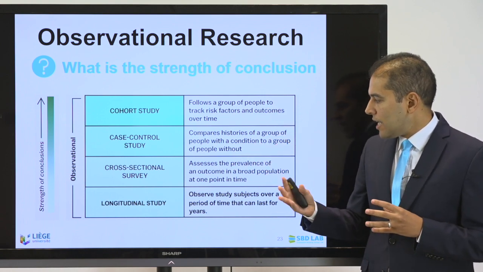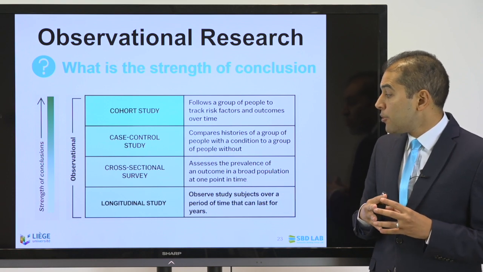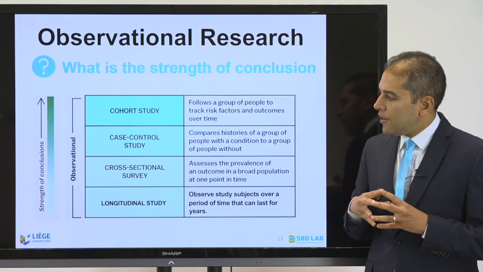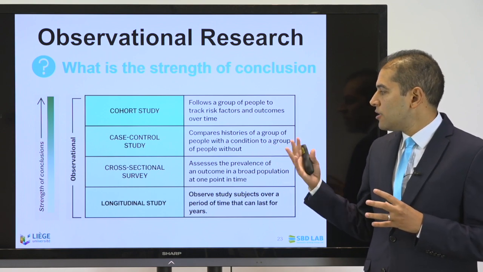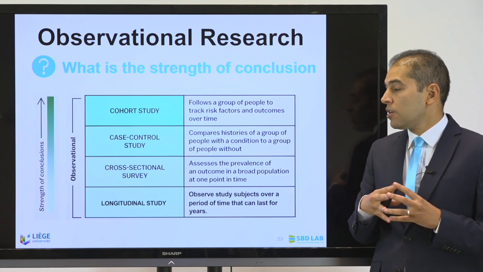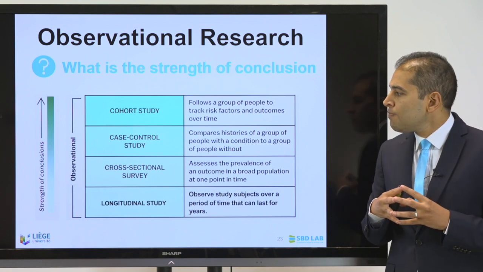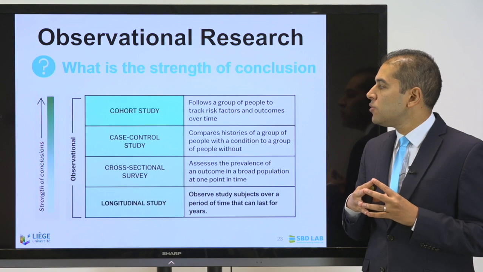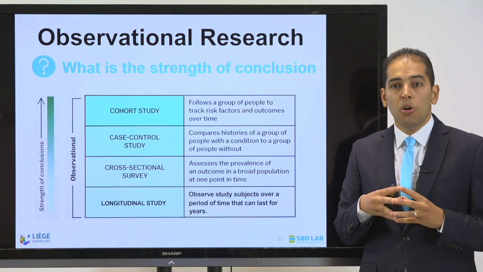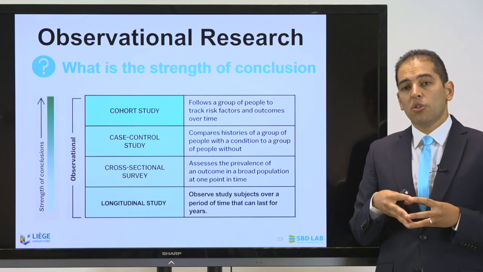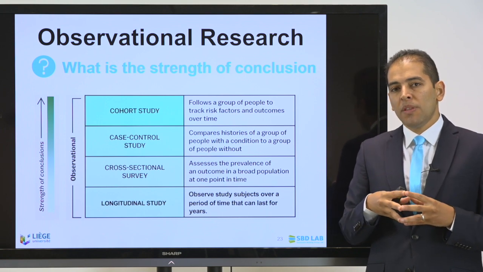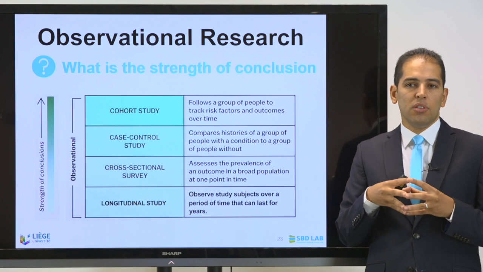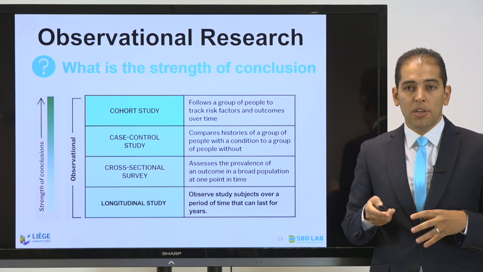The cross-sectional study assesses the prevalence of the outcome in a broad population at one point in time. Case control is stronger because we compare histories of a group of people with a condition to a group of people without it. And in the cohort study, we follow a group of people to track risk factors and outcomes over time. It's more detailed and more specific. So you can see here the strengths of the conclusions coming out of using those four types of observational research.